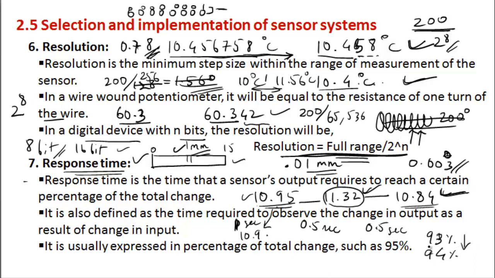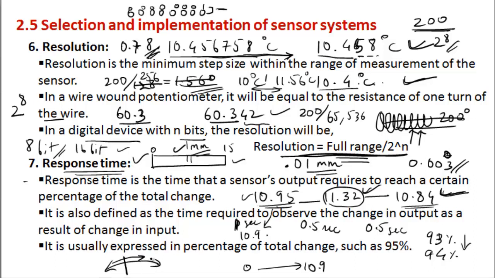Suppose it is having some value 10.95. Obviously, for showing 10.95 it should go from 0 and change to 10.95 or 10.9. Or if you take an analog scale, then the needle should go from here to here, and it takes a certain time.